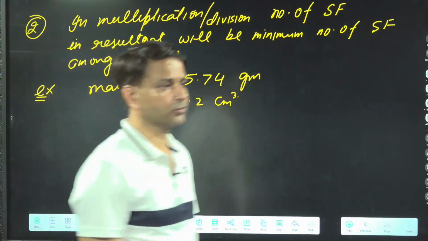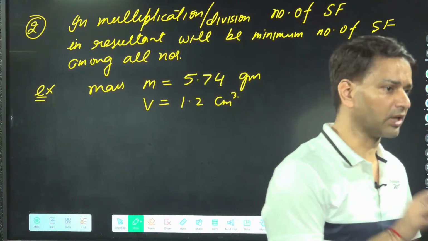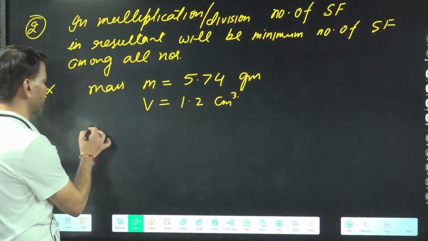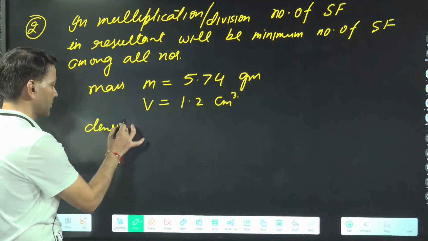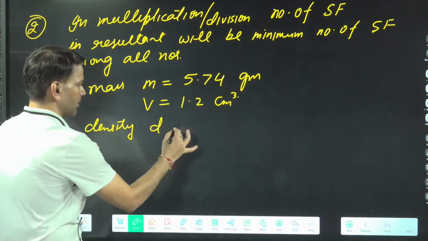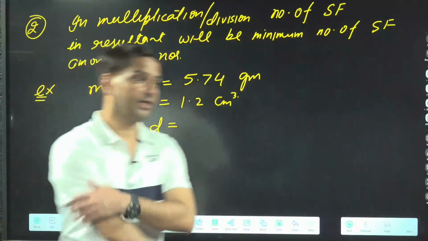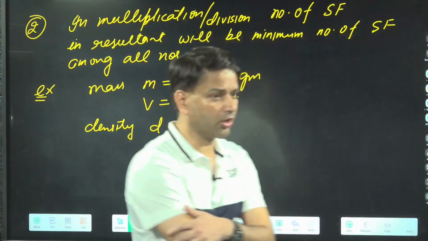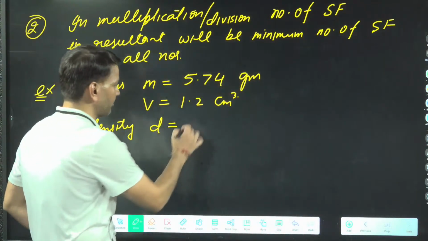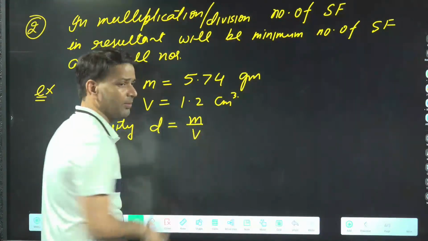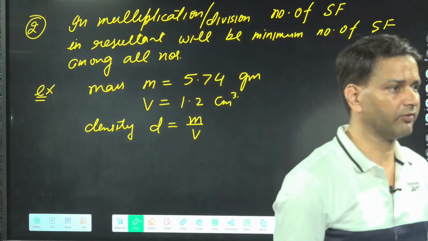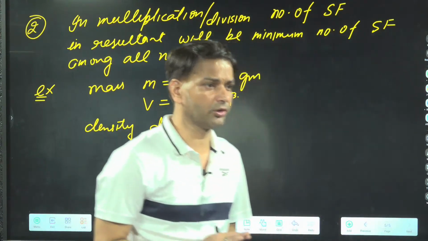Then you have to write the density of the body up to the correct significant figures. So for density, who will say what is the formula? Mass upon volume. It means I have to divide the two numbers, the mass 5.74 and the volume 1.2.